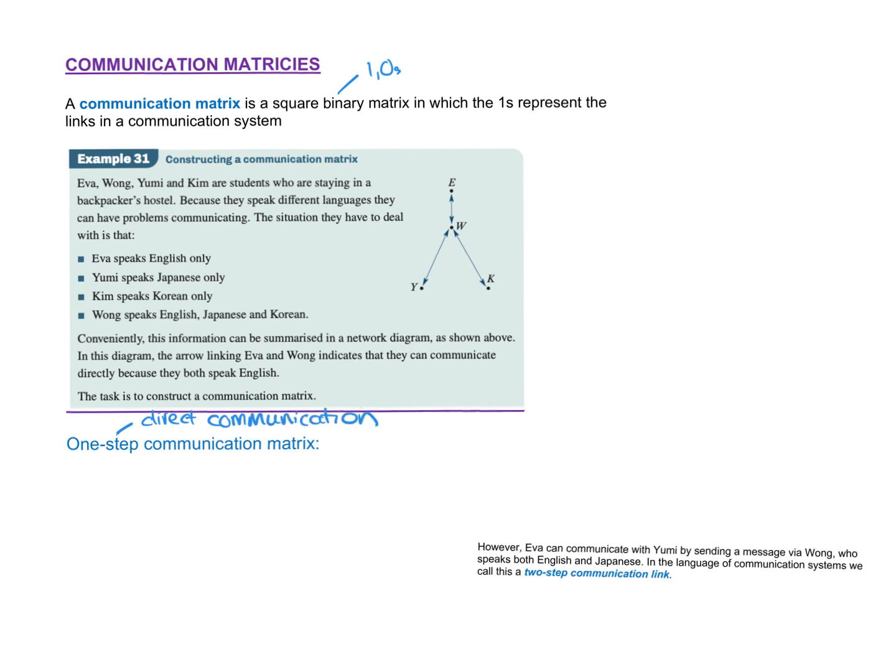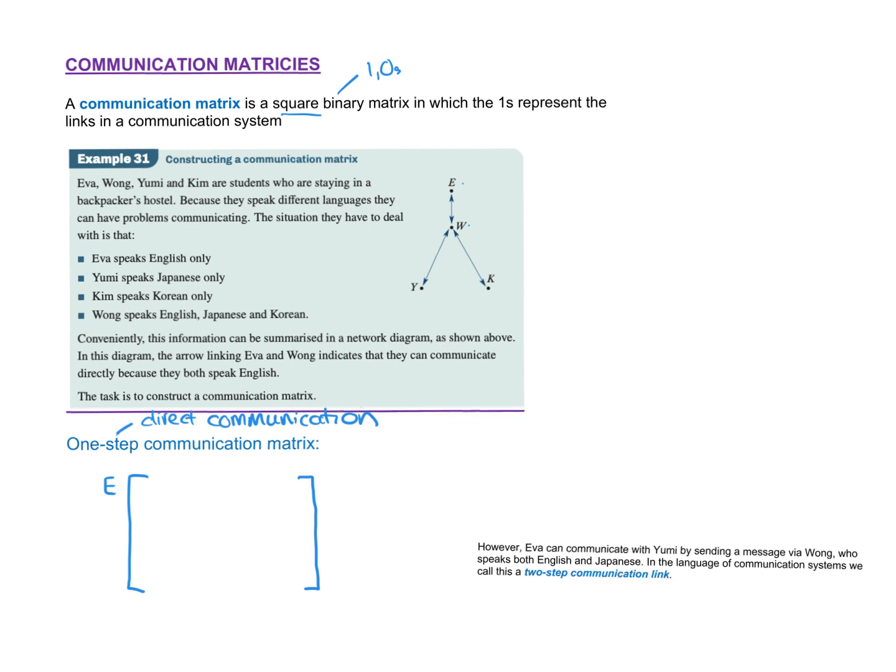Okay, so we know it says up there that it's a square matrix. If you look at this example, we have 1, 2, 3, 4. We've got 4 people that we are going to set up a communication. When you have these 4 people, what you often do is you put their letters down the side.